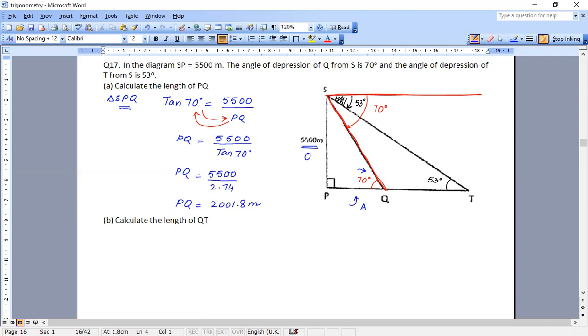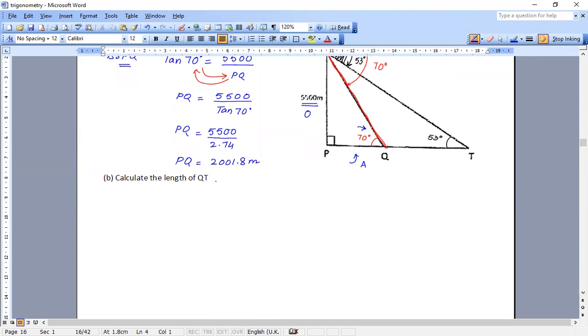In order to calculate the length of QT, I can construct an equation, and that equation would be QT is equal to PT minus PQ. So I can find the length of QT if I know PT and if I know PQ.